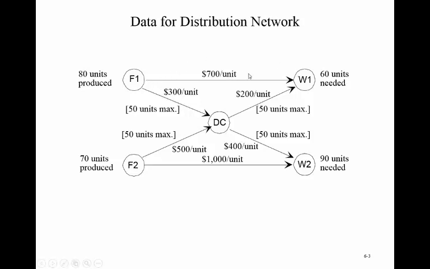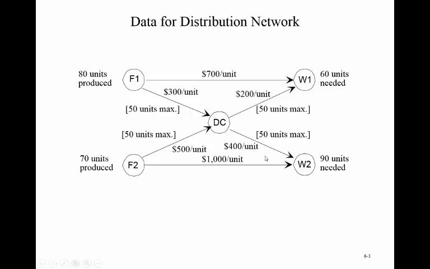And so this very top arc, again, it's an arrow with a head on it implying a particular direction that the units can flow. And we've also got a cost now associated with that arc of possible flow. And what that means is for every unit that we send from factory 1 to warehouse 1, we'll incur along this direct rail line at the very top, a cost of $700 for each unit.